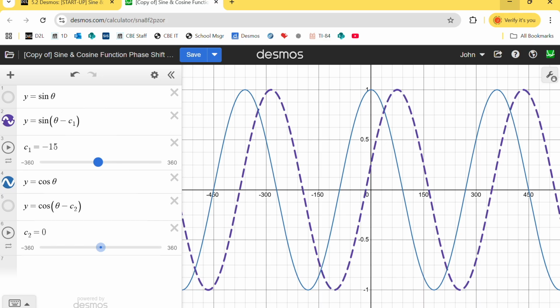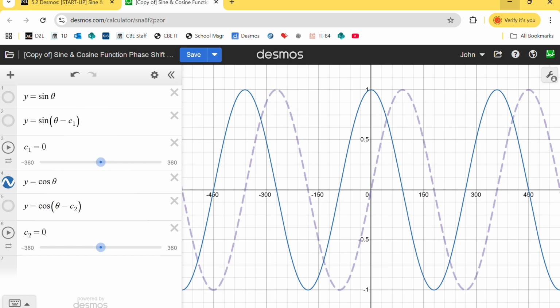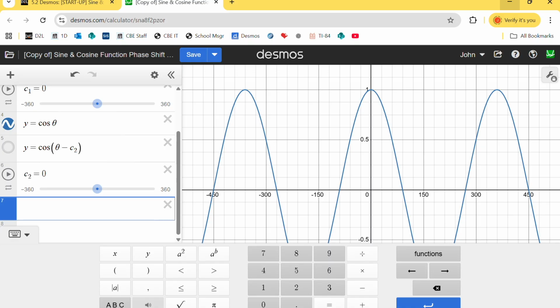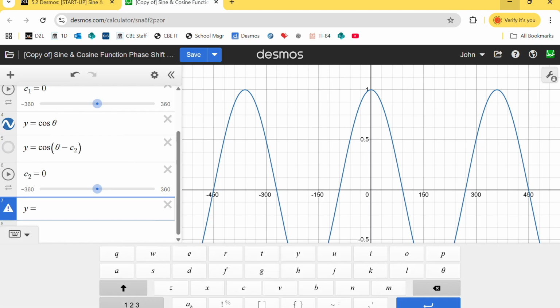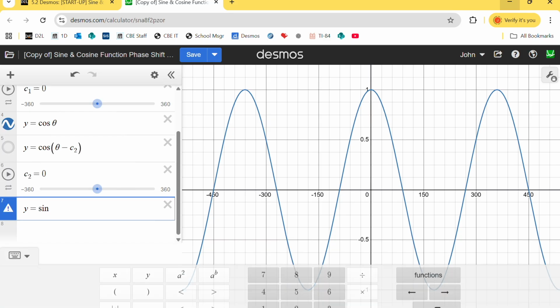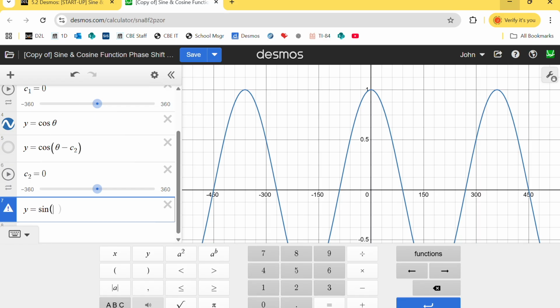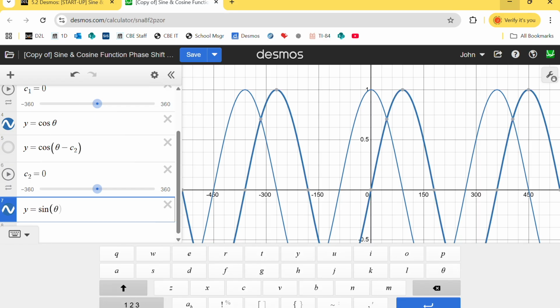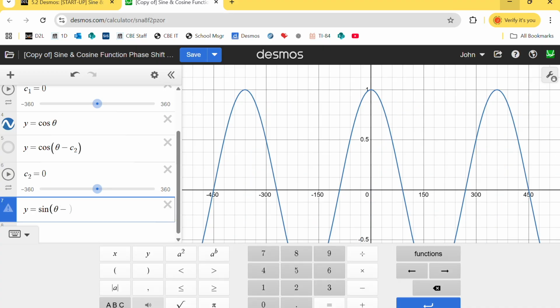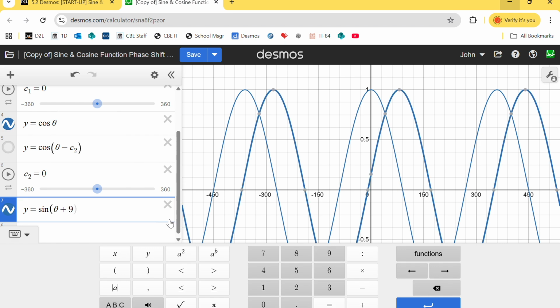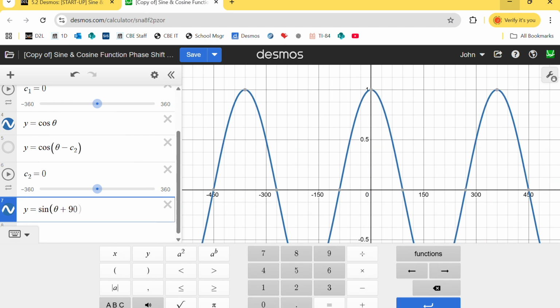So another way to look at it is y equals sine of theta, not minus, this time it's plus 90, and then it matches. So I have to do a phase shift to the left by 90 degrees.